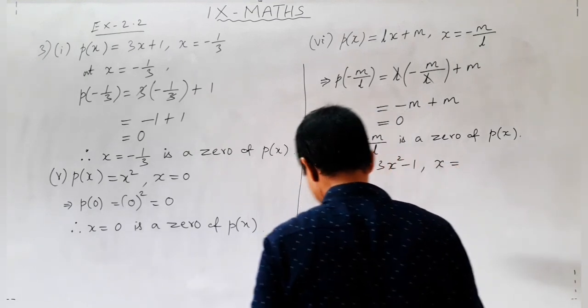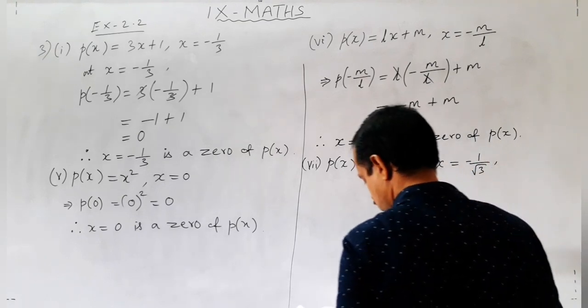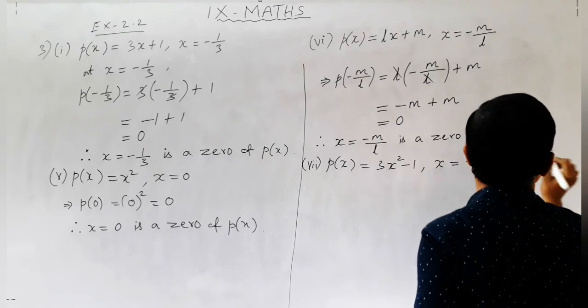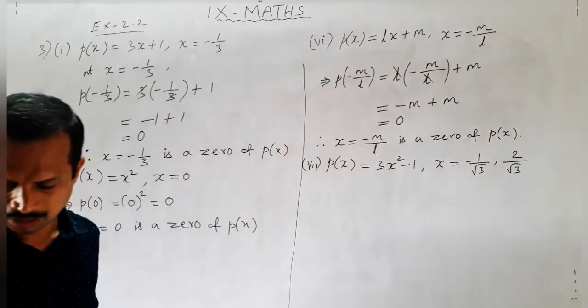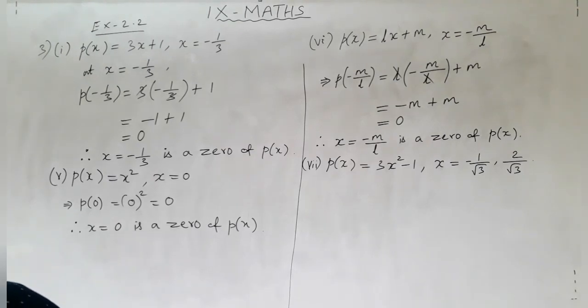X is equal to minus 1 by root 3. Another value 2 by root 3. So this is what is given here, and we have to find whether they are the 0 of the polynomial or not.